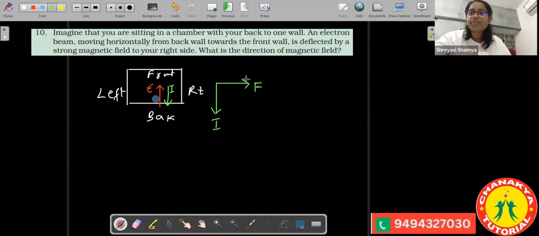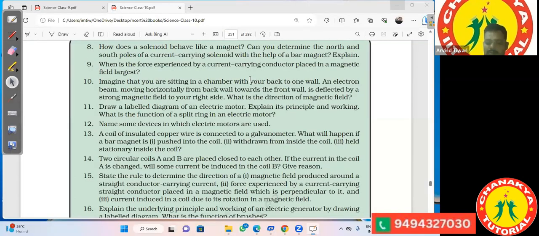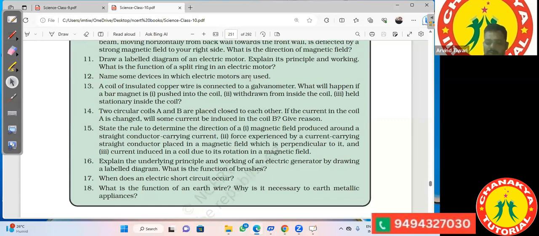Yes, sir. Okay. So as per the situation, draw the diagram and then you will get your answer. Somewhere you need to imagine, somewhere you need to draw and then move forward. Let's see if we have some more questions.